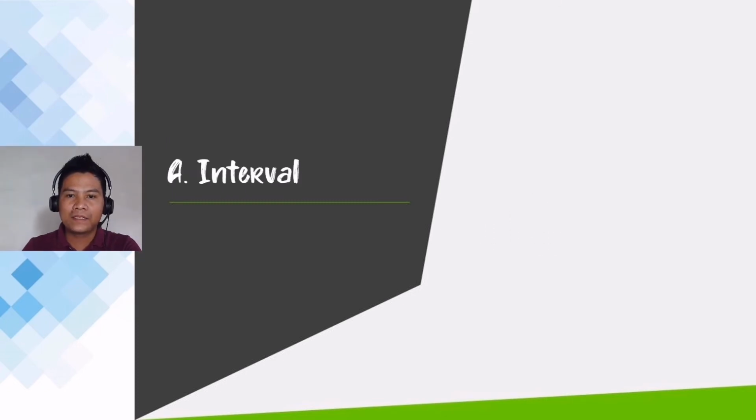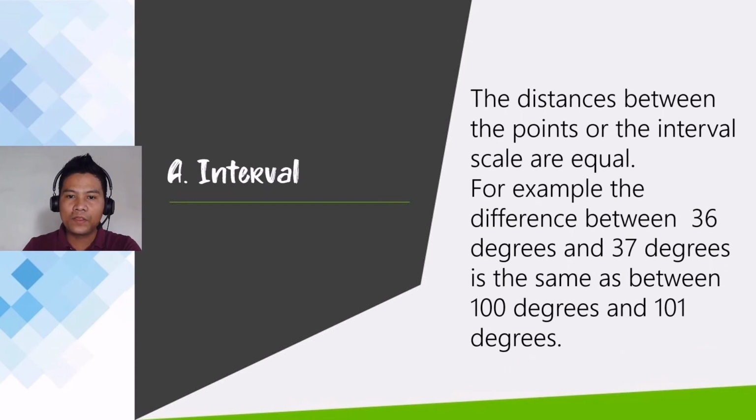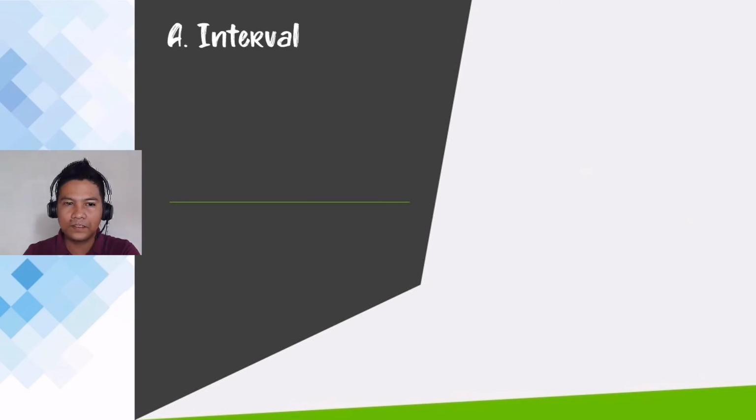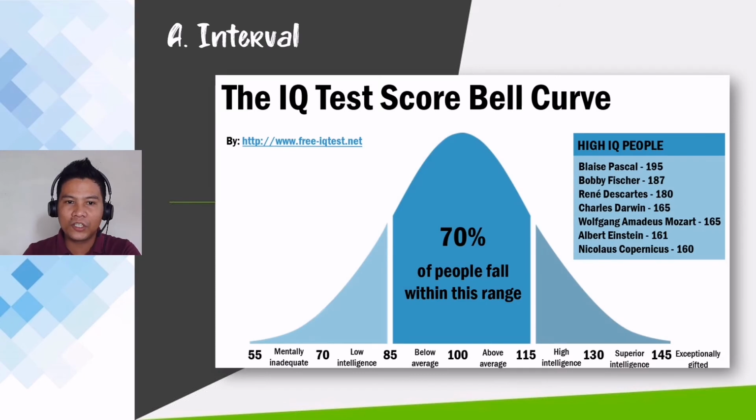Interval, the distances between the points or the interval scale are equal. For example, the difference between 36 degrees and 37 degrees is the same as between 100 degrees and 101 degrees. Let's take this example, the IQ test score bell curve.